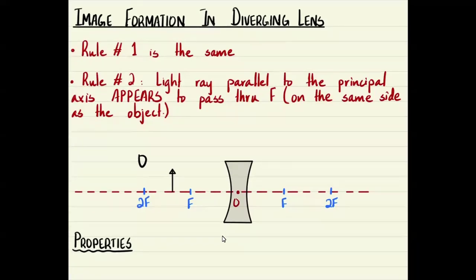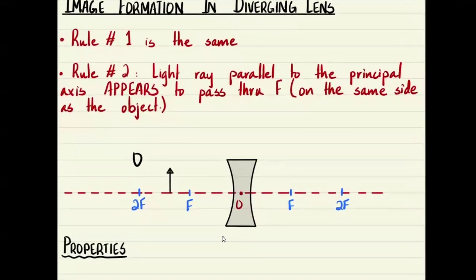So a sample ray diagram is given. Rule number one, exactly the same, which is that the ray which goes through O remains totally undeviated. So for rule 2, it no longer can be that this ray goes through this point, because it's no longer going to come together. Instead, we know it's going to spread out.